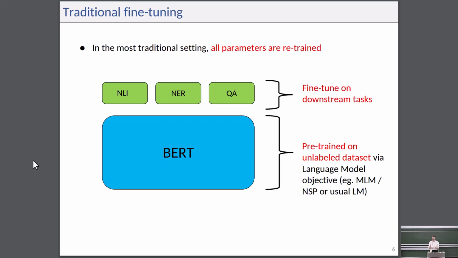Then we take the smaller data set for the specific task, and we just retrain all the weights. And this is the standard way things have been done for quite a while. Of course, from a computational perspective, it's a high effort, because BERT alone is already in the hundreds of millions of parameters.